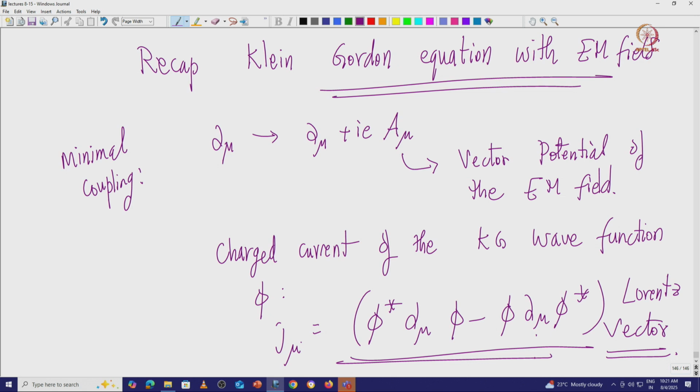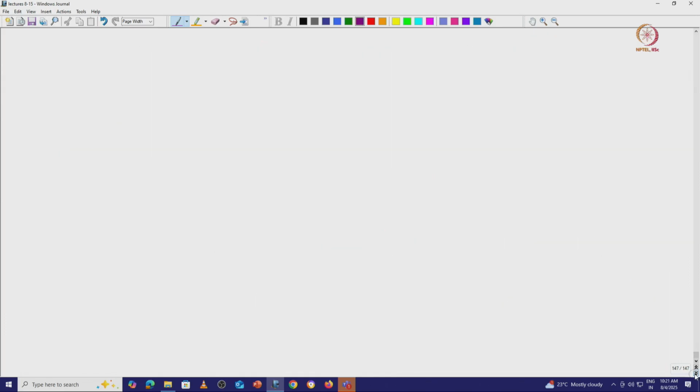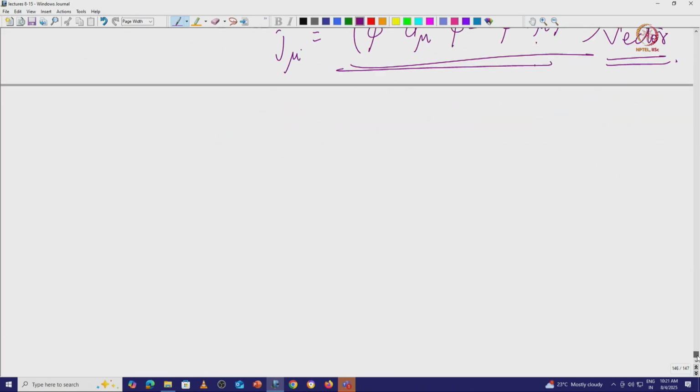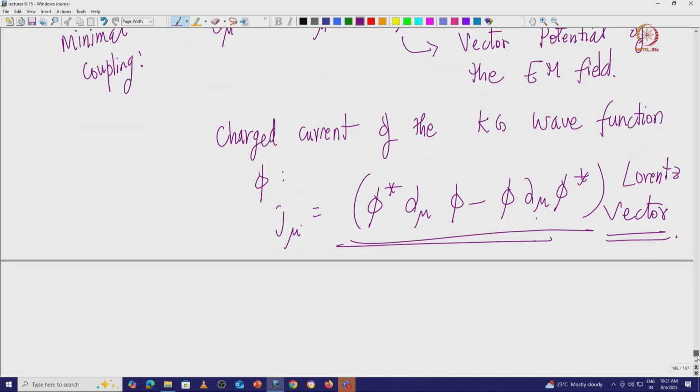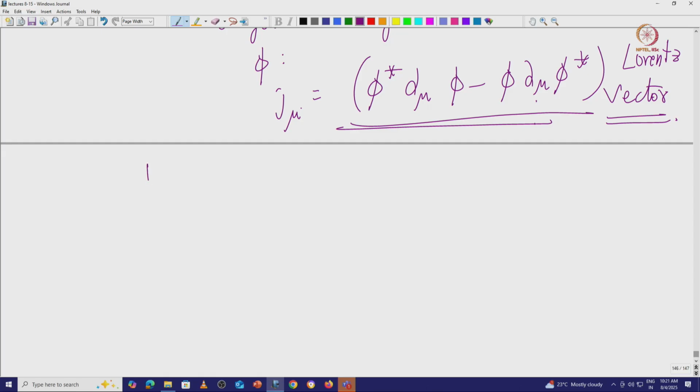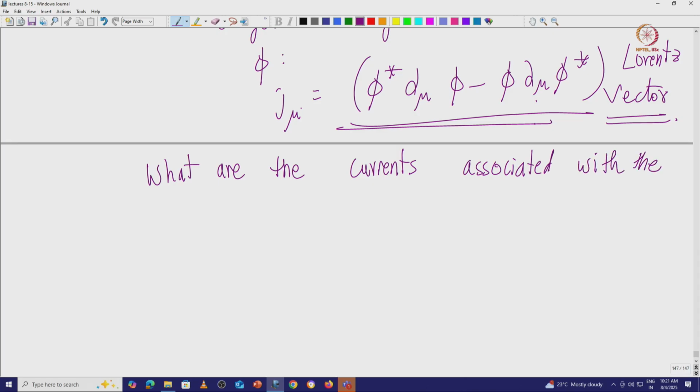So the question is, similarly, what are the currents associated with the Dirac wave function?